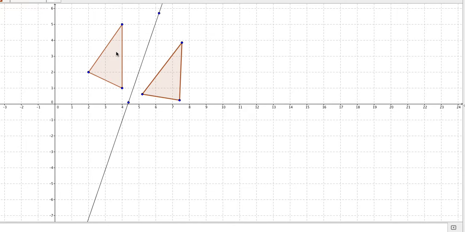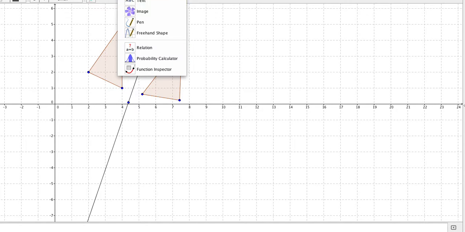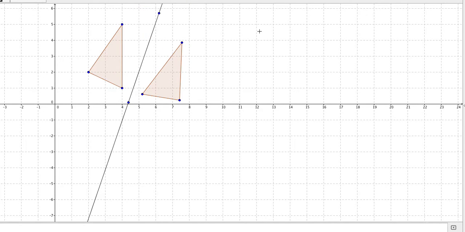Now one good thing about reflection is that you can do this with any type of figure. Let's say I want to reflect this happy-go-lucky dude, and we want to reflect it over a line as well.